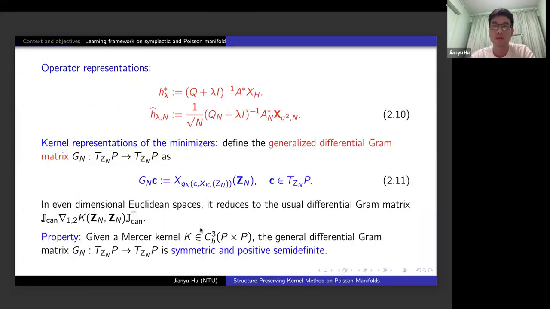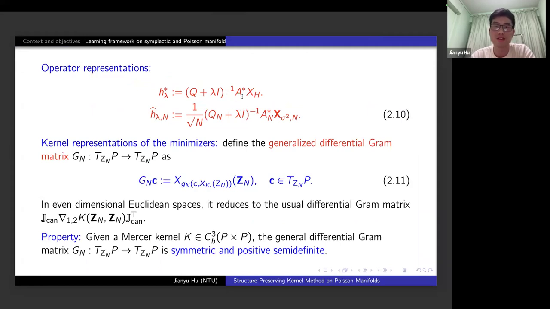So now we are ready to answer the first question. If the kernel K belongs to CB3, then the minimization problems admit unique solutions which have these operator representations.